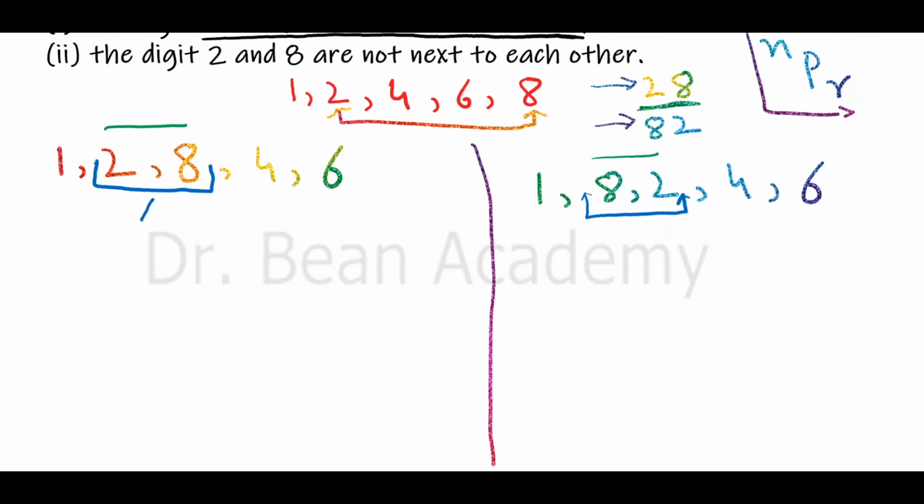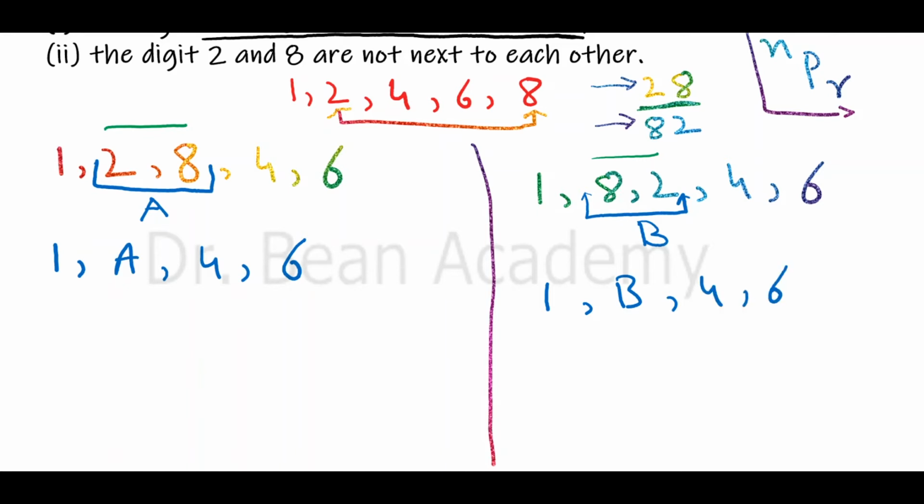For example, I give them a name A, and on the right side we can call them B. So now I can write the given digits like 1, A, 4 and 6, and on the right it will be 1, B, 4 and 6.